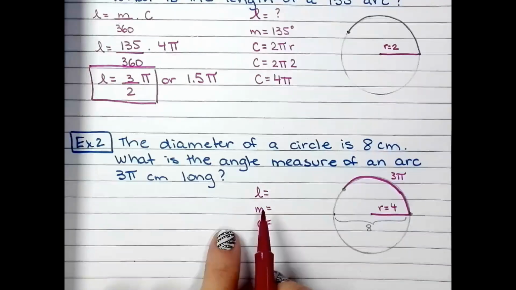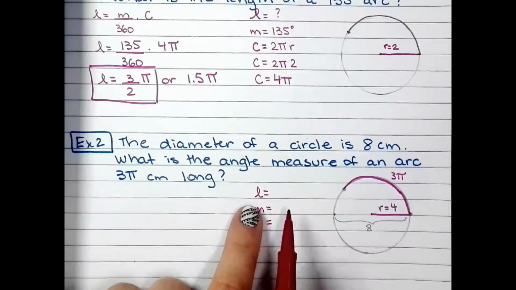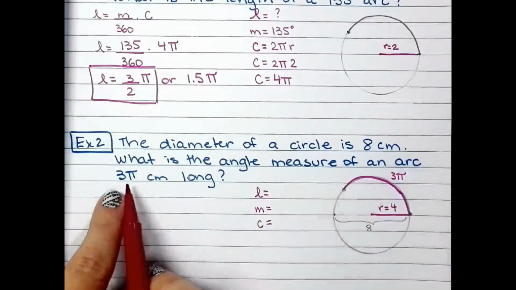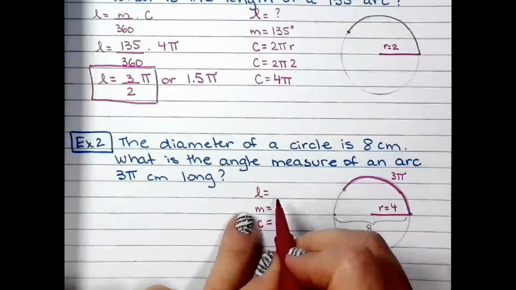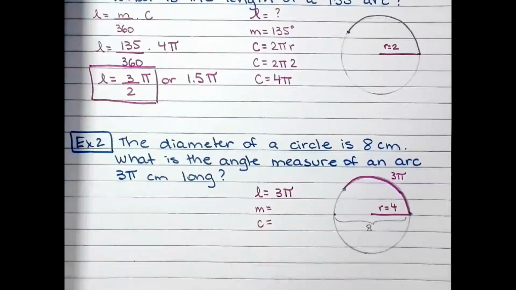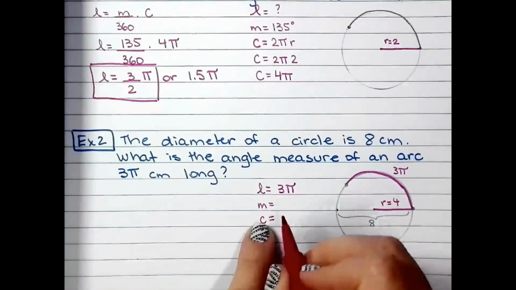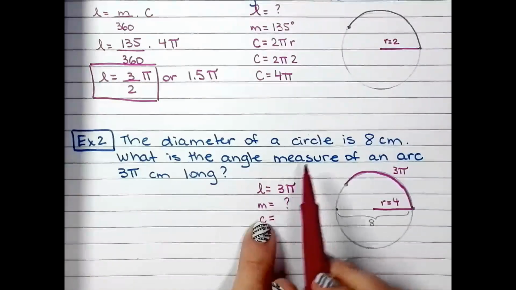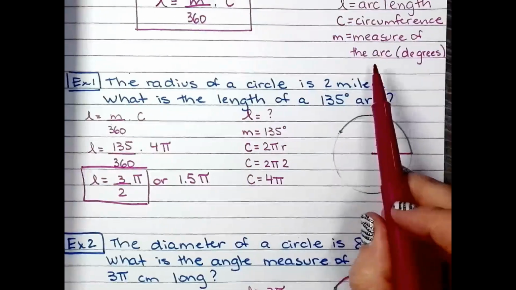So L, what is L? L is given right there, the measure of an arc, 3 pi long. So L is 3 pi. M, I don't know, I'm looking for that. So that's angle measure. If you don't remember, look right there.